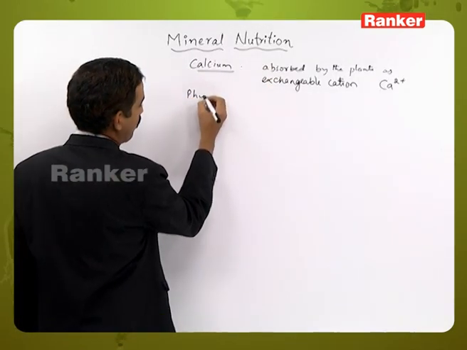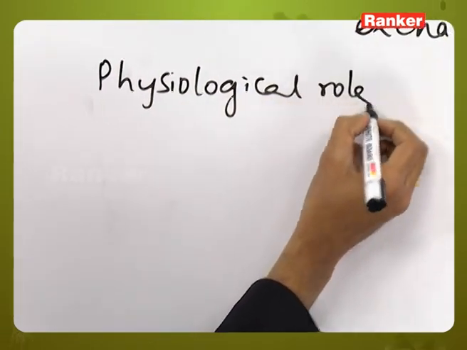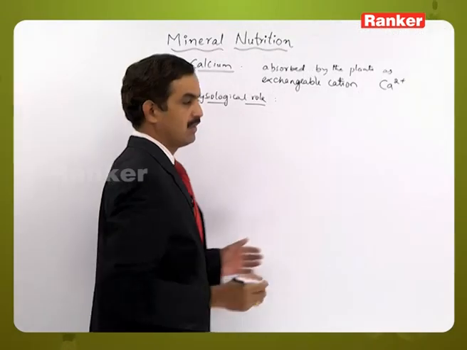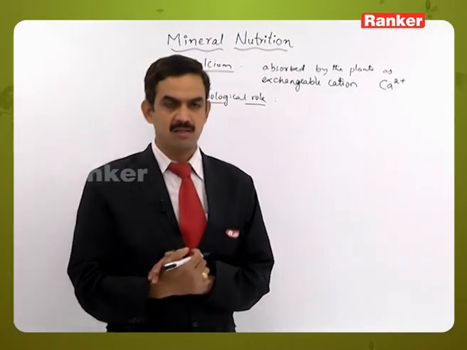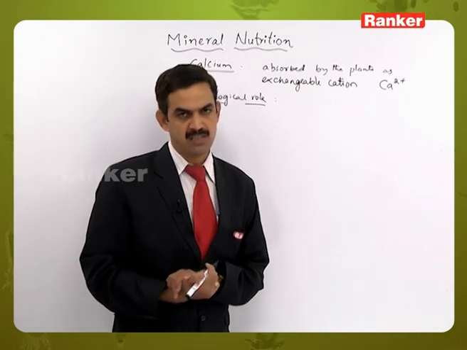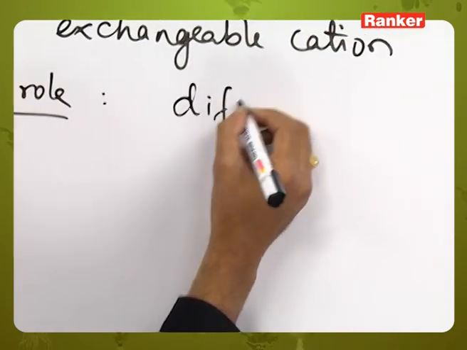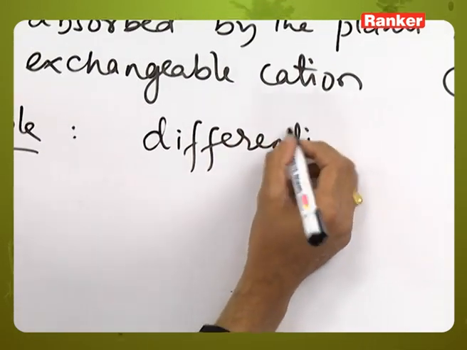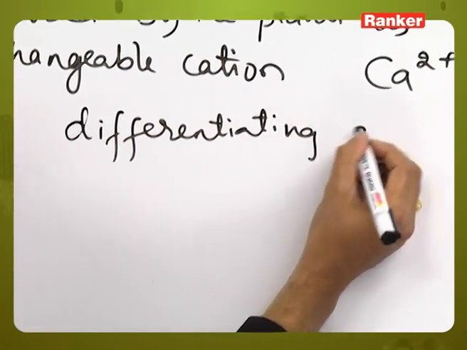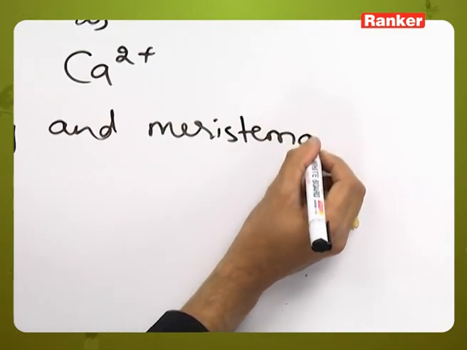For the physiological role of this calcium, first let us see in which part of the plant body these cations in the form of calcium are present. These are mostly seen in the differentiating cells and also in the meristematic cells of the plant body.